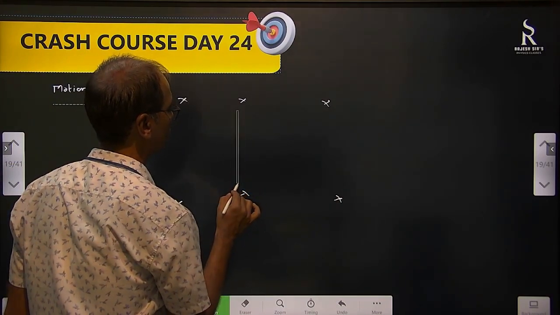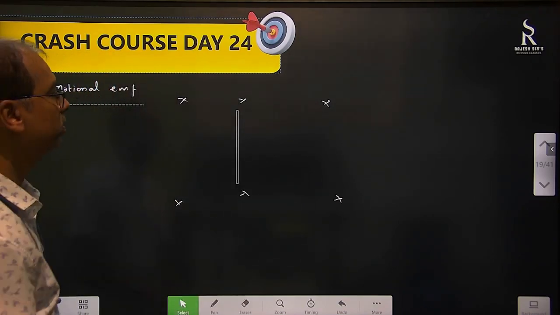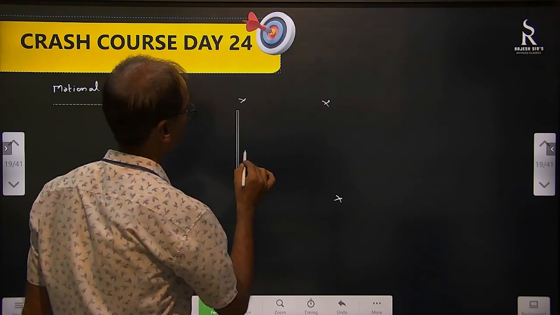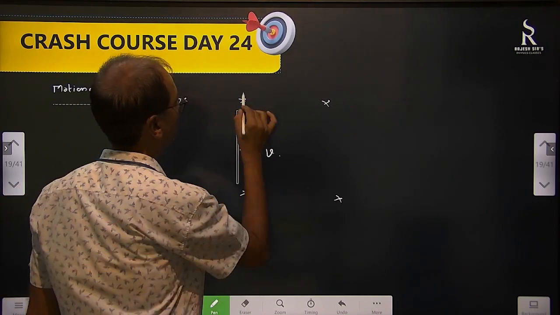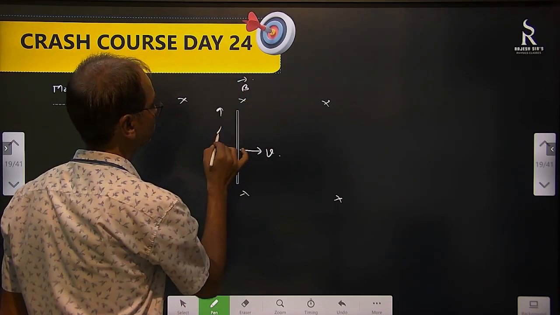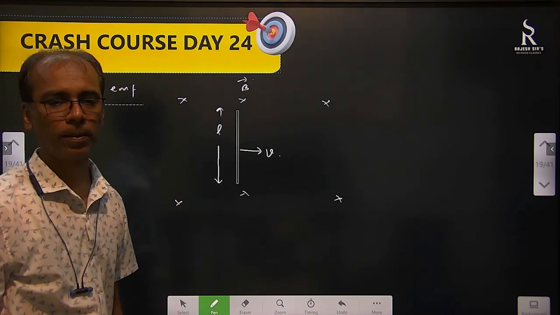This is a conductor, moving let's say with velocity v, in magnetic field B, and its length is L. Then EMF is induced across it.